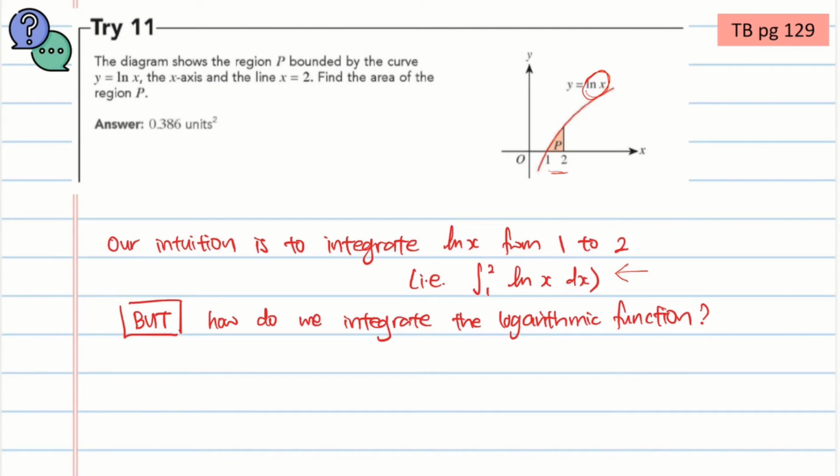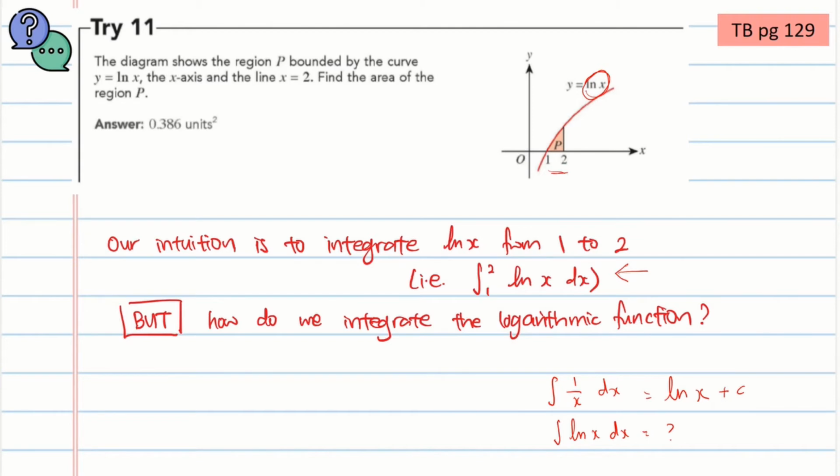In case you have forgotten, we cannot integrate the logarithmic function. We can, however, integrate 1 over x dx to get a ln function, but I cannot integrate ln x with respect to x. There's no such rule for us to integrate. So then we have to look through the different kinds of skills that we have acquired.